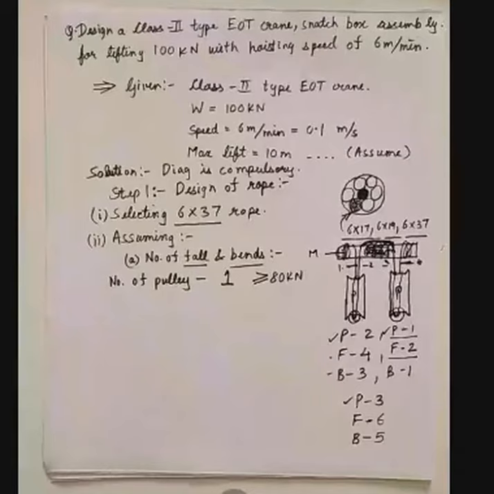And so on, you have to multiply and get the values. If it is equal to 80 or less than 80, pulley is 1.